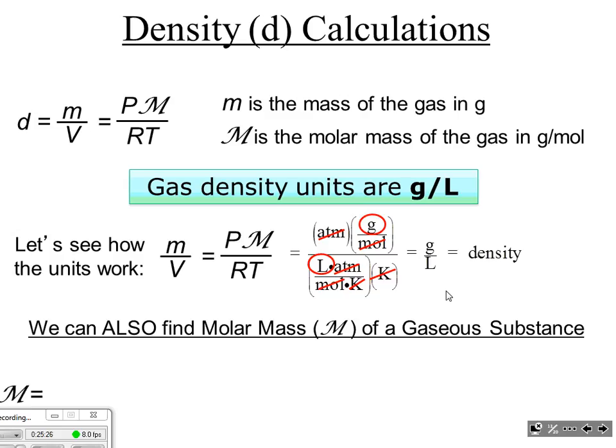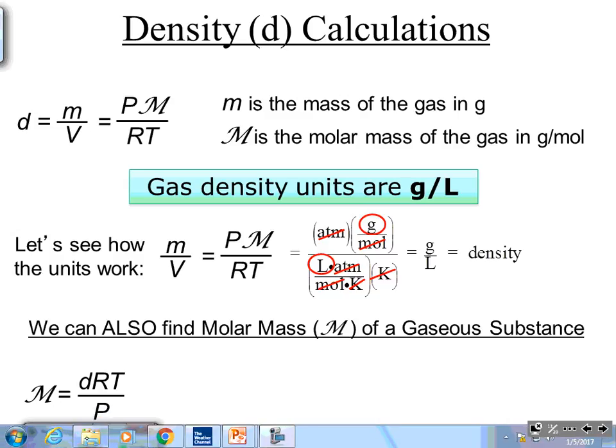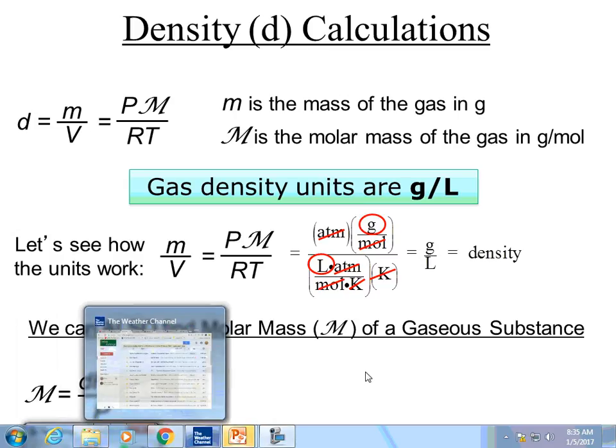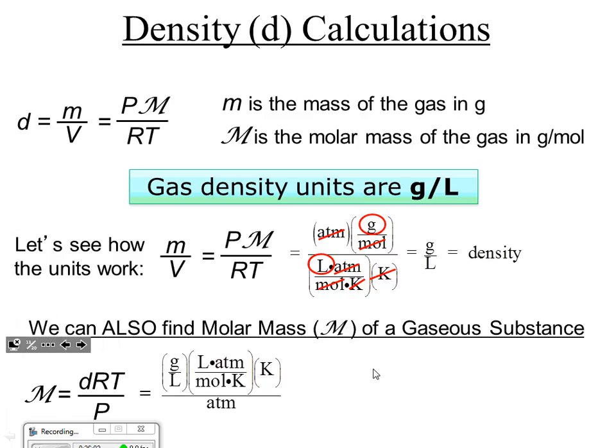So we can find the molar mass of this substance by reworking this equation and solving for M. When I do so, I see that M is equal to dRT over P. My density is grams per liter.